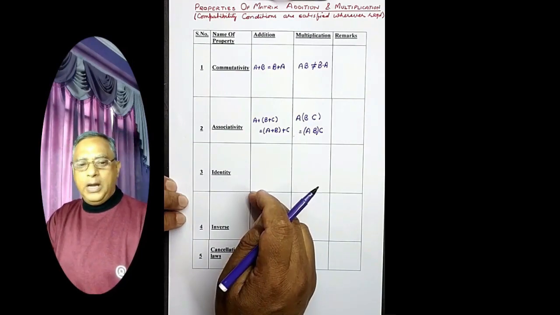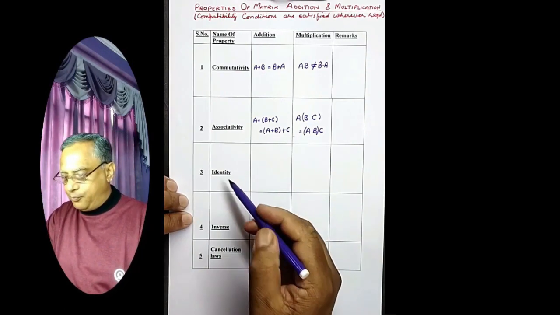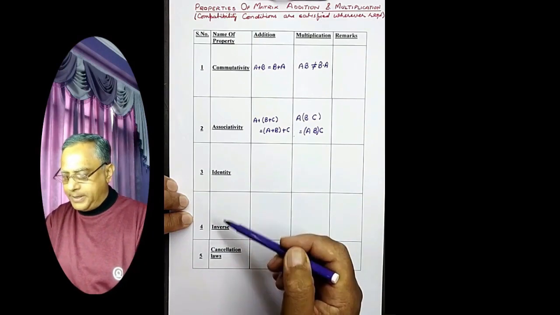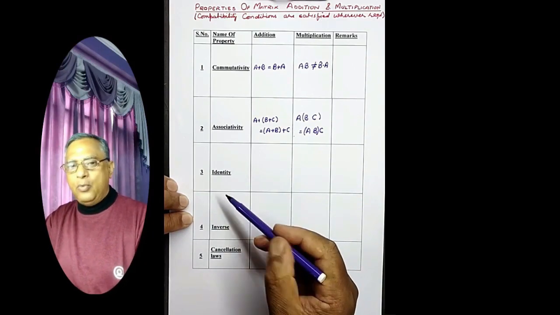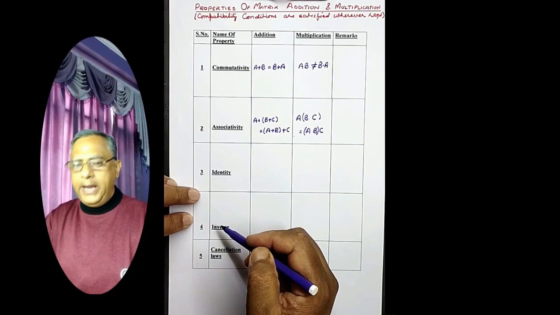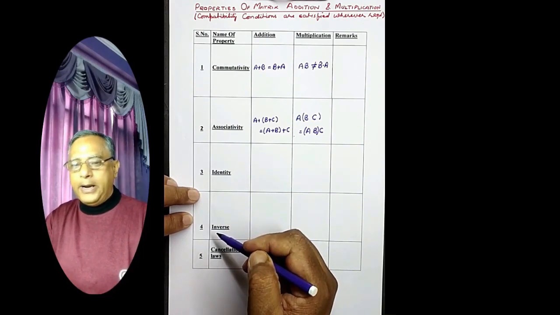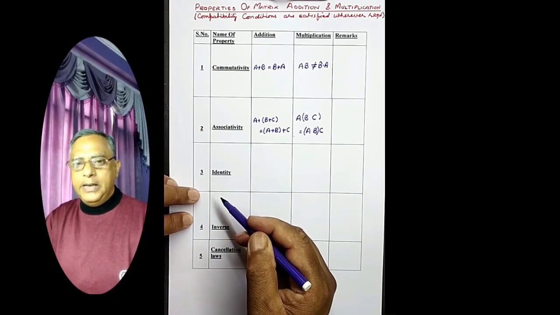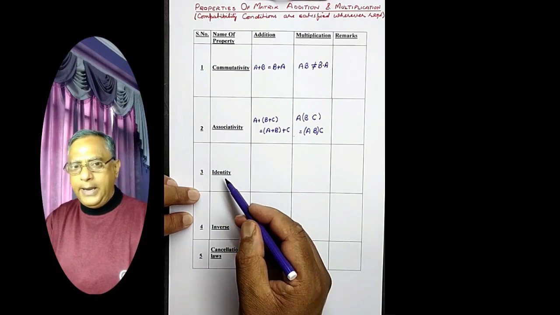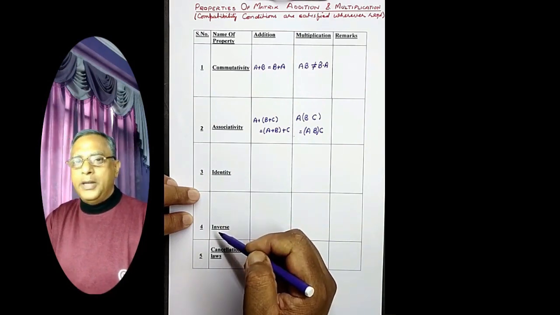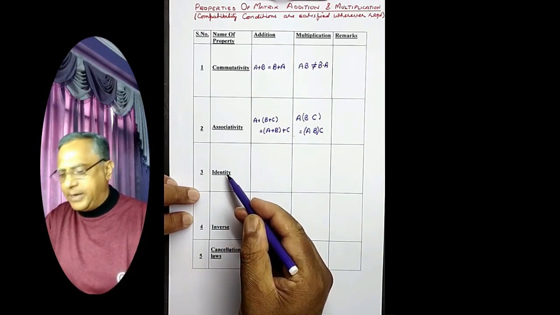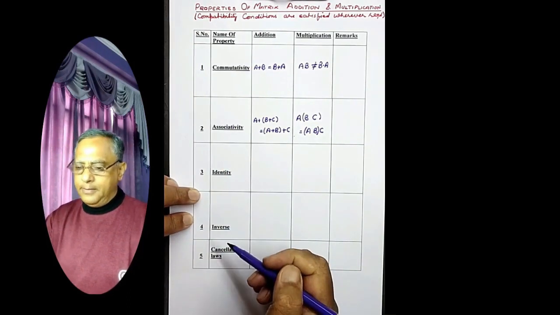Next is identity. Before taking up these two properties, identity and inverse, I would like to make the general concept of identity and inverse clear. First of all, I explain it for real numbers, and then I will take it for matrices.